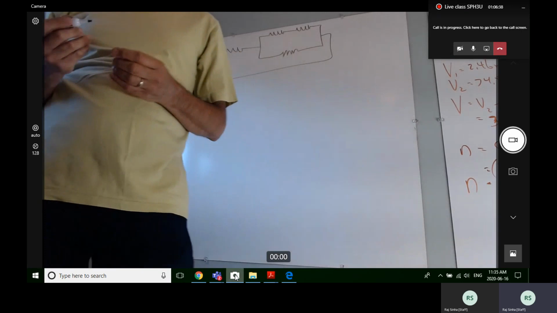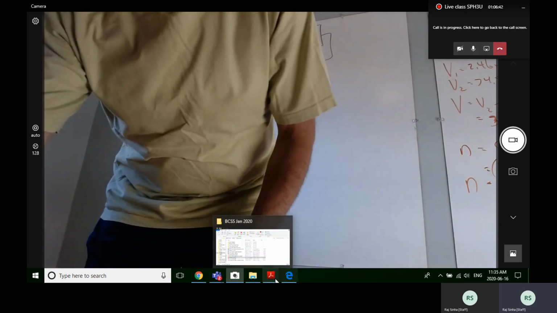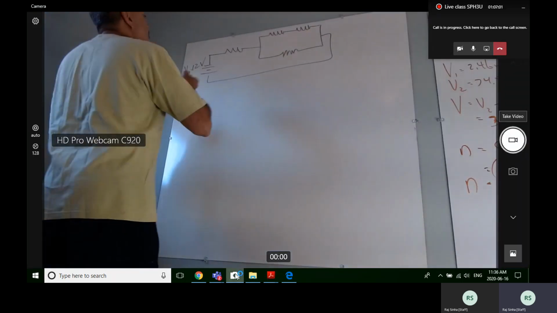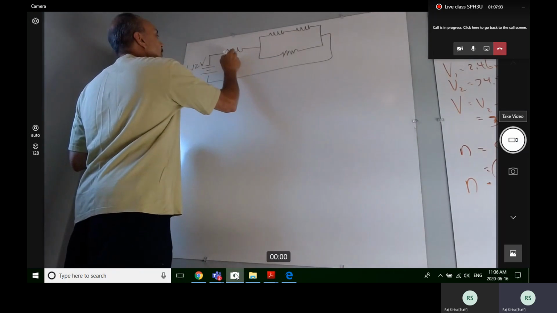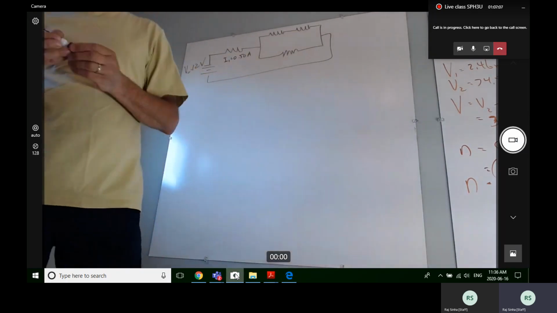Okay, so what information are we given in this question? Okay, so this is very, very different here, right, than the last question. So this time, we're given the V at the source, which is 12 volts. We're given current 1. So I'm going to put these on as I'm rebuilding the question. Current 1 is 0.5 amps.